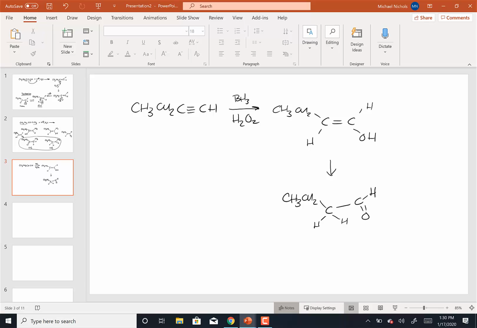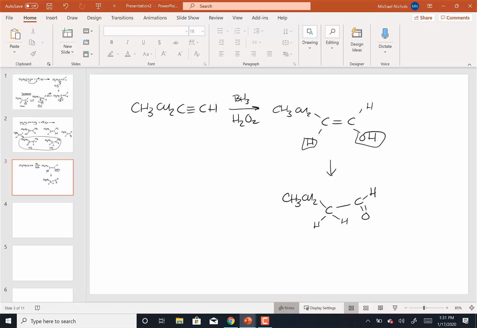It added H and OH anti-Markovnikov. What was the stereochemistry? 100% cis. Which is why this time I wrote the H and the OH cis.